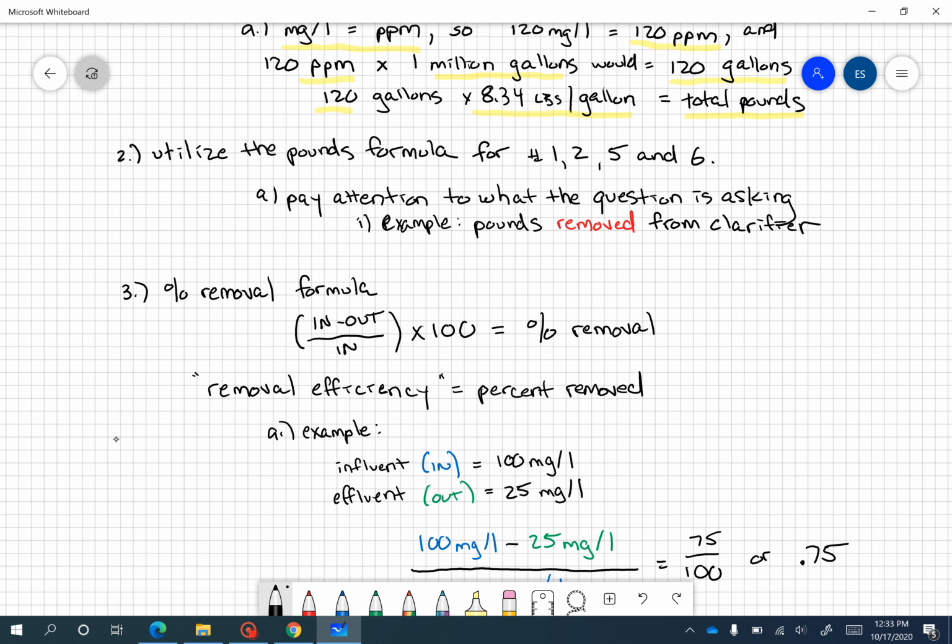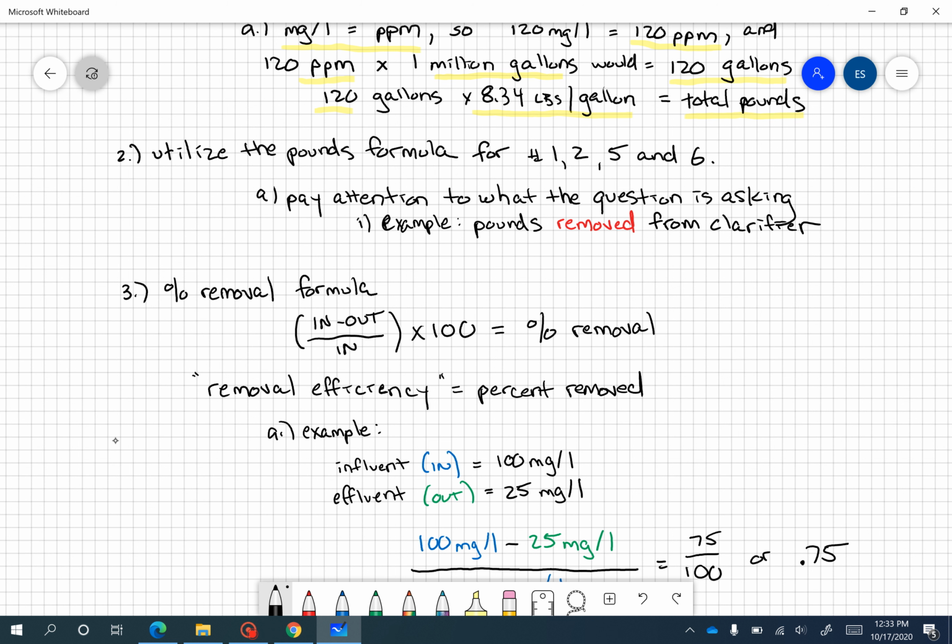And hopefully, if you think about it a little bit, you realize that the difference between 185 and 128 would be what was removed, and then you can plug that amount of milligrams per liter into your pounds formula. And then number 2 is just a straight pounds formula problem.